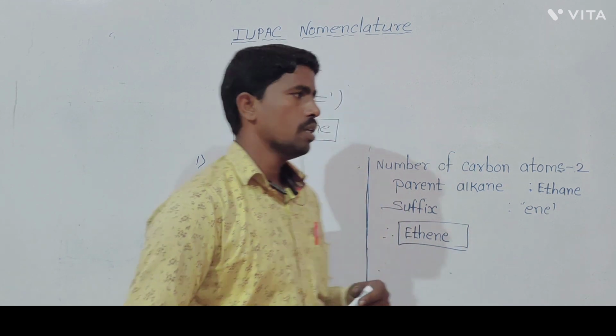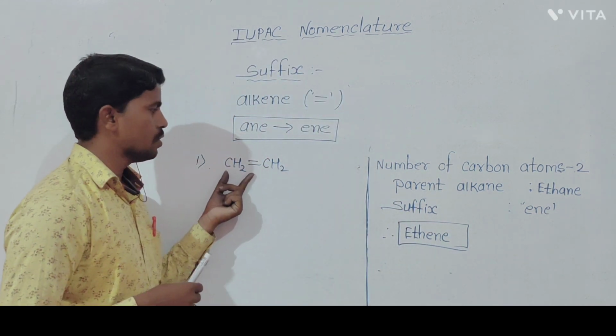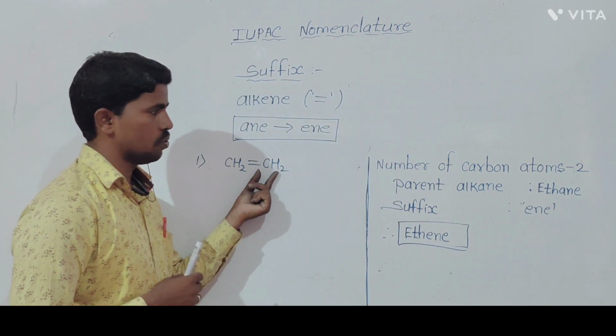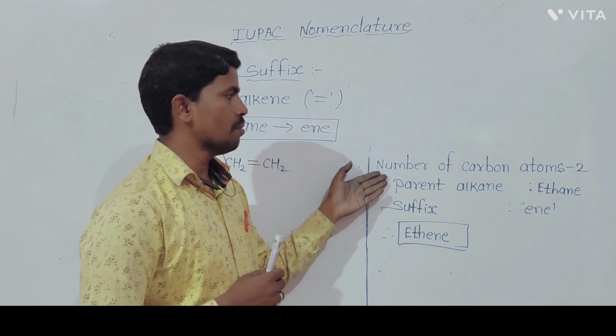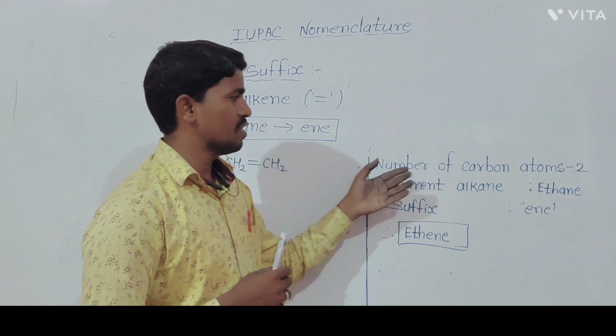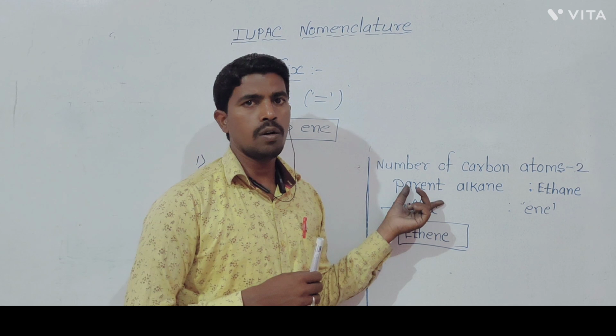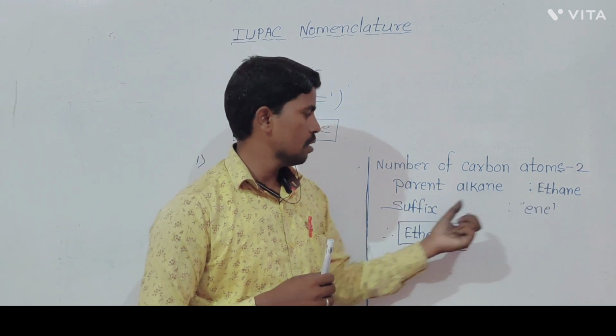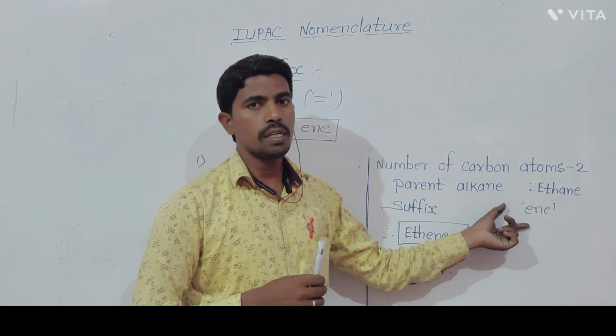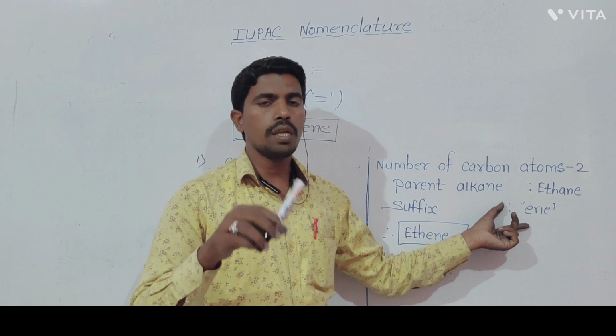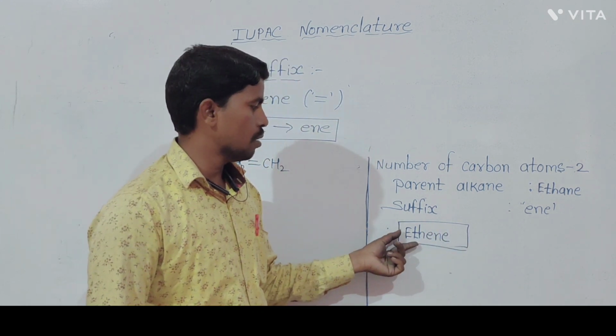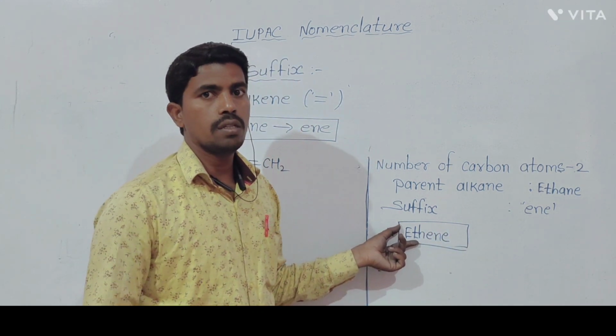For example, here first there is CH2 double bond CH2. The number of carbon atoms present in a straight chain is 2, and the parent alkane of this is ethane, and the suffix is ENE.